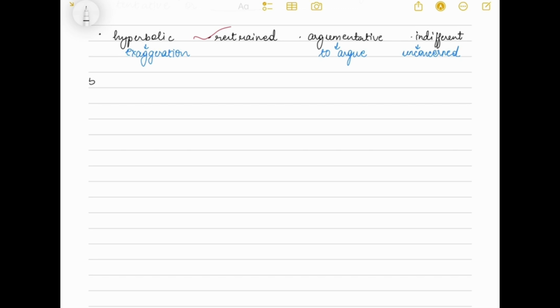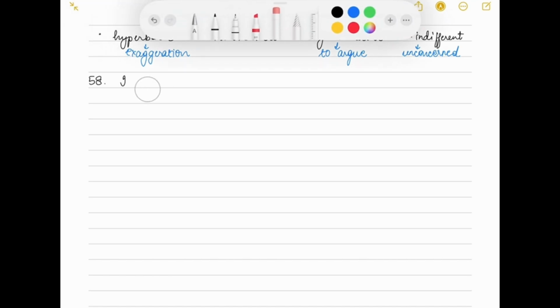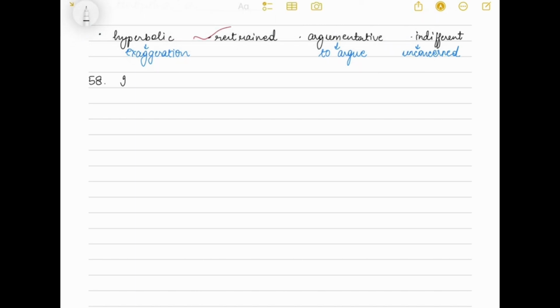Then 58: choose the most appropriate words. We have given words and we have to complete the following sentence. The sentence is: I contemplated dash Singapore for my vacation, but decided against it.